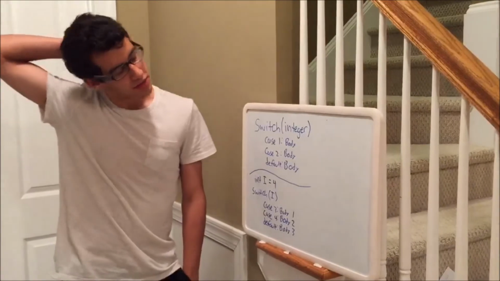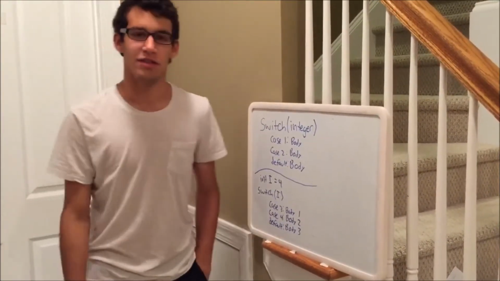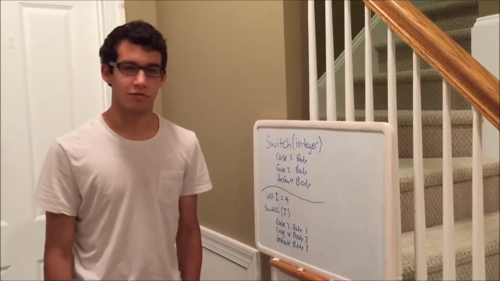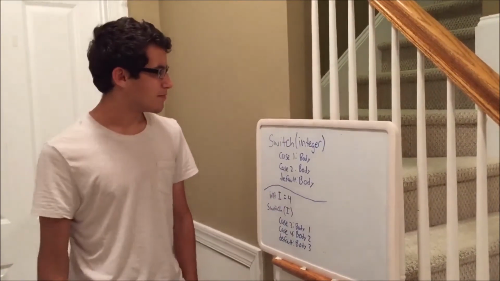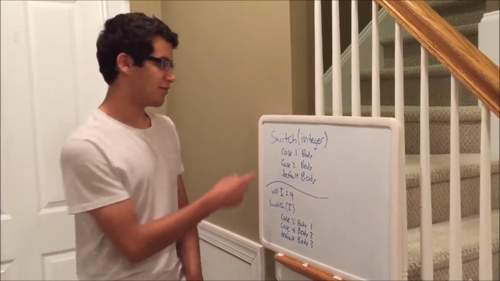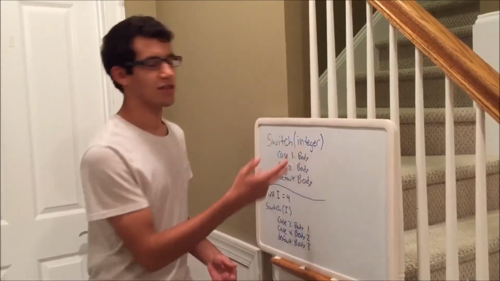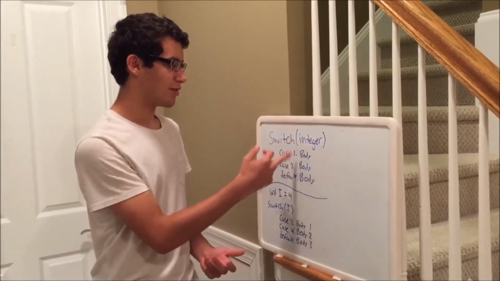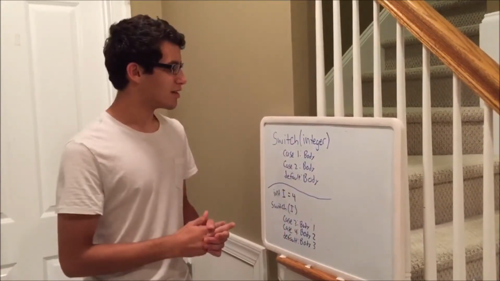Another type of decision making, which actually doesn't use Booleans really, it uses integers, is called the switch case. Basically how it works is you have switch and then a certain integer that, when put in, will activate a certain case.